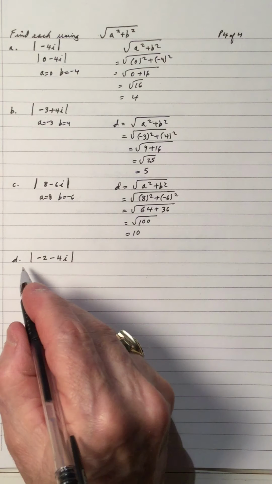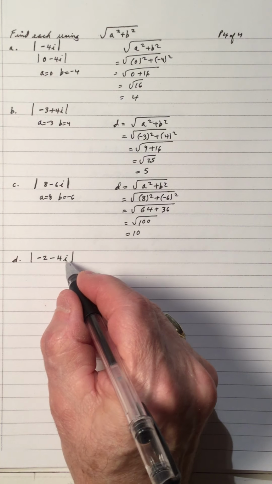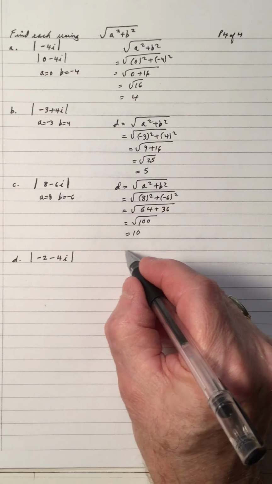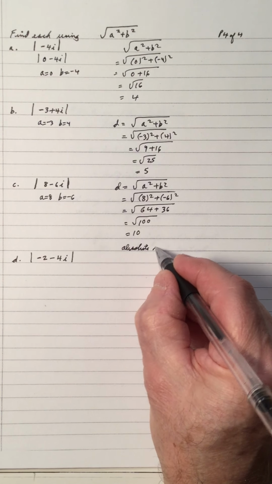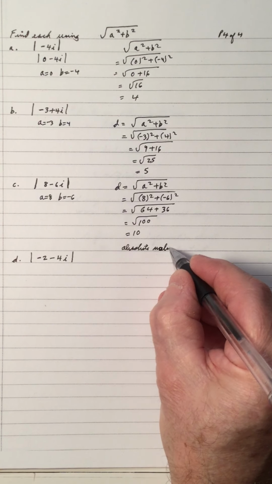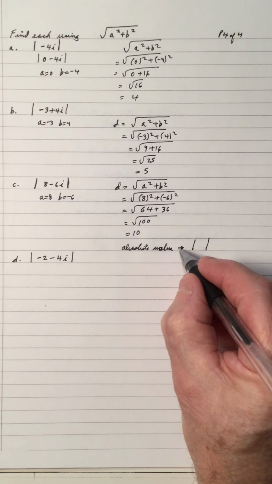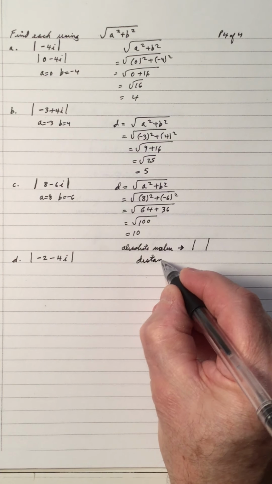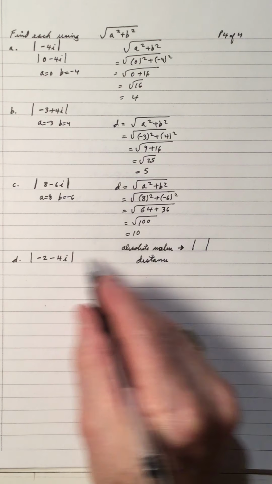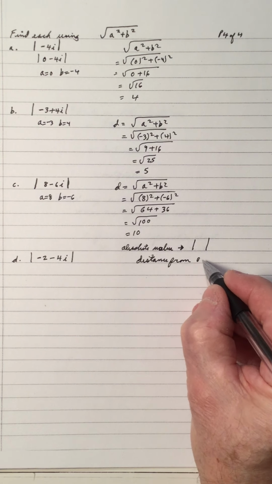And another one to do, D, the absolute value of negative 2 minus 4i. And again, just to remind you, the symbol for absolute value is the 2 strokes, and the absolute value means distance from the origin, 0, 0.